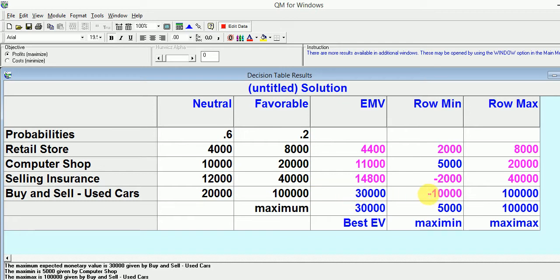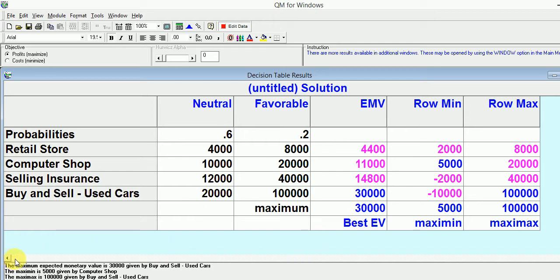On the second column, we have the row min. Row min means it's a maximin. Maximin is 5,000. If you will notice, maximin is the highest value on a minimum result.